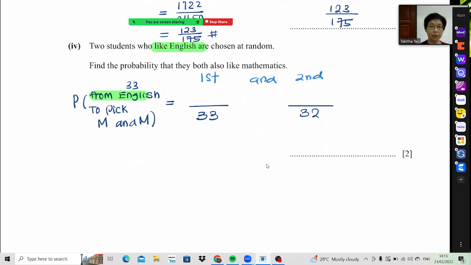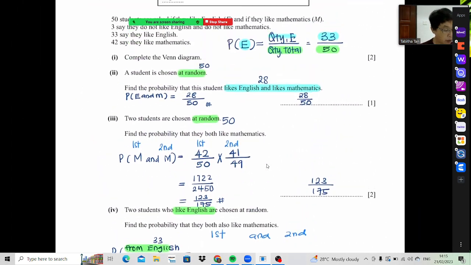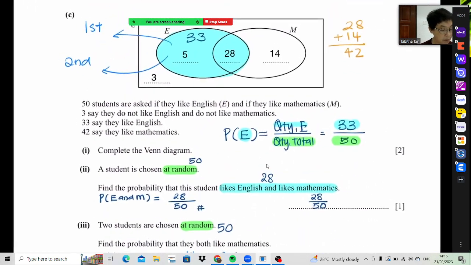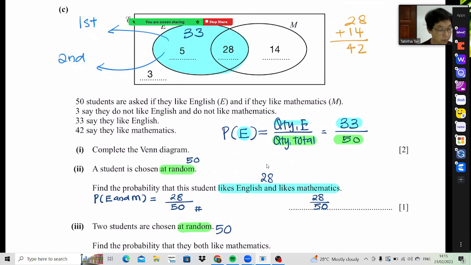Okay, and then, out of the students who like maths, let's go to the diagram and see how many of them like maths. In other words, out of this group, you are interested to pick this one, 28. You want to take that. So the first time, out of this pool, you want to take one out of this.